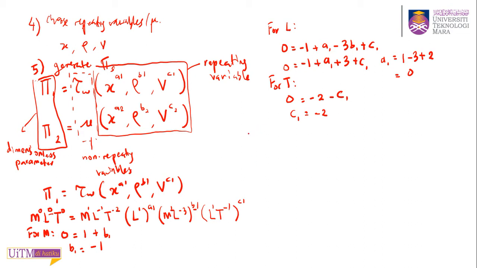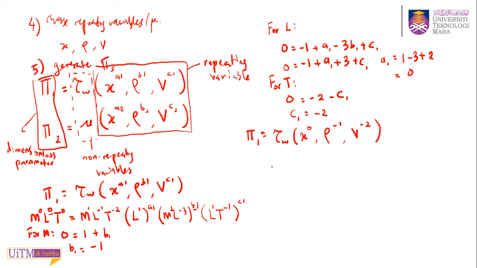To solve for pi 1, we know pi 1 equals tau times x^A1, and A1 is 0, so power of 0, and rho^B1, B1 is minus 1, and V^C1, and C1 is minus 2.